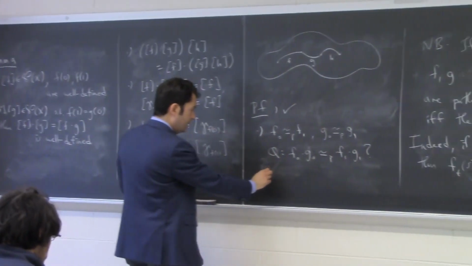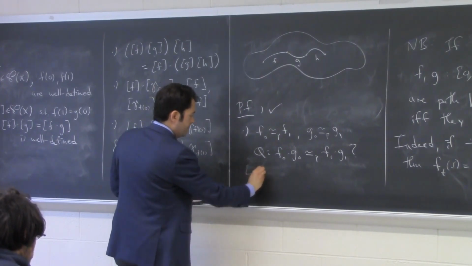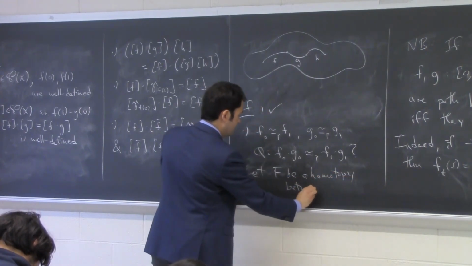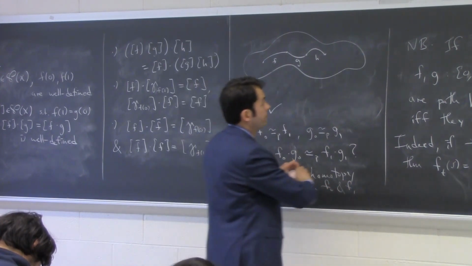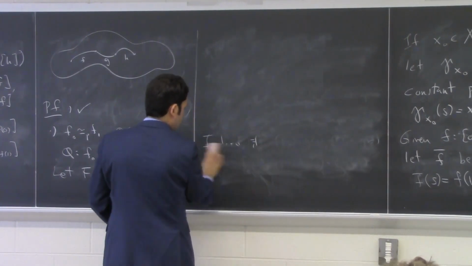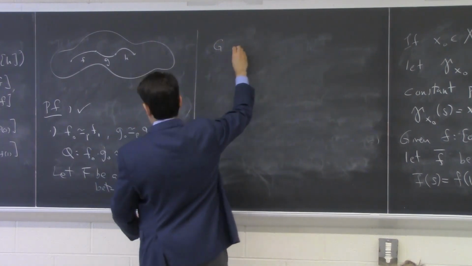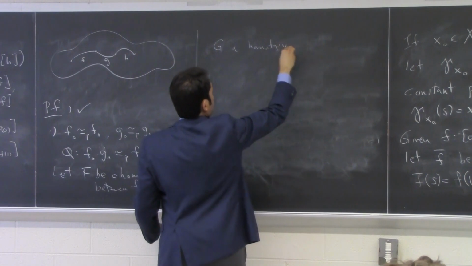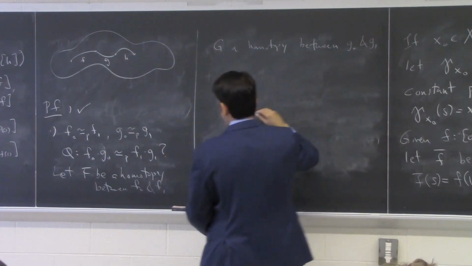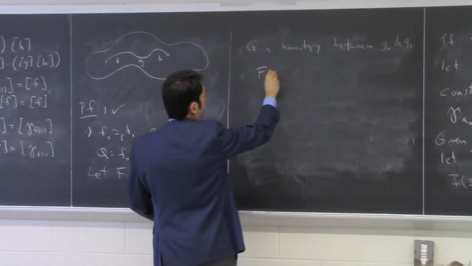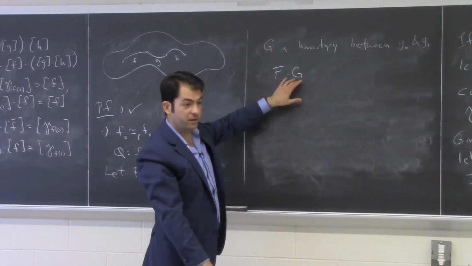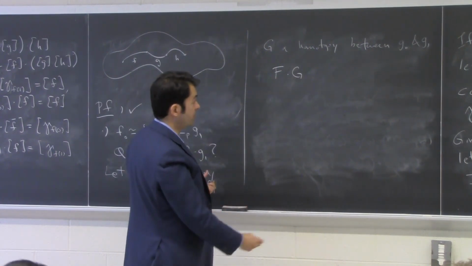Excellent. Well, just let F be a homotopy between F0 and F1, and G a homotopy between G0 and G1, and then just form F dot G. This is a continuous family of paths, and this is a continuous family of paths, so just concatenate them for every t.